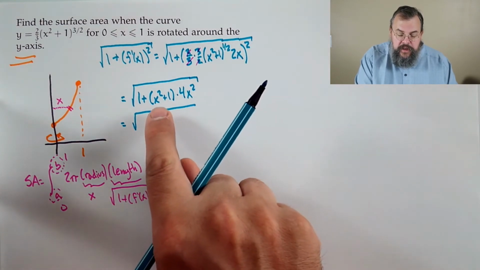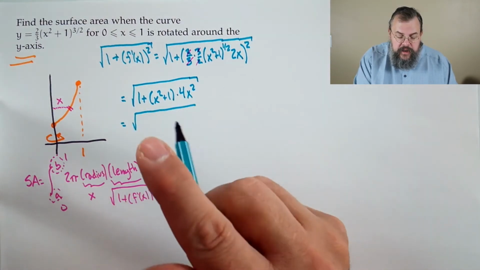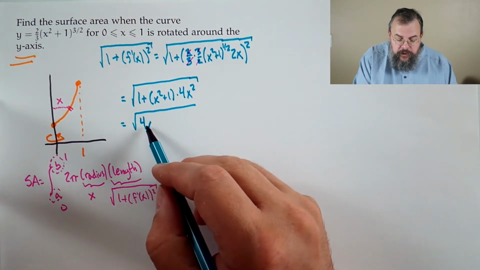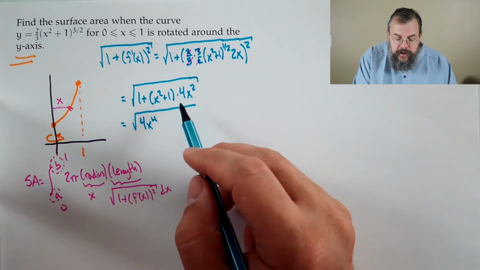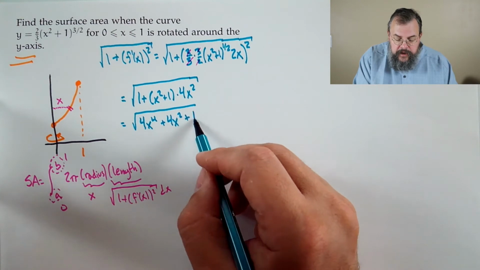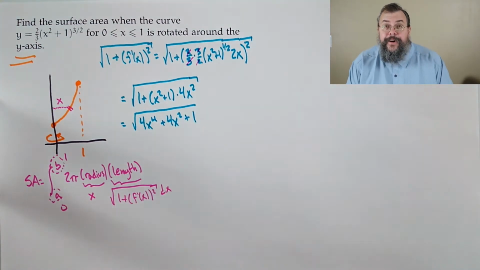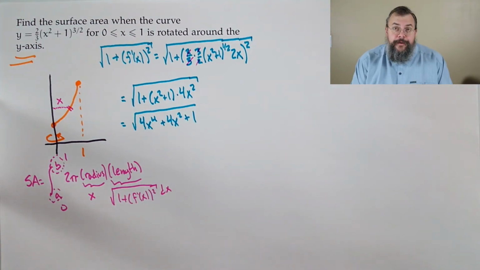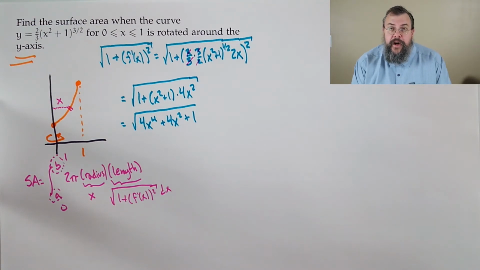So the highest power would be that when the x squared and x squared get multiplied. So that would be 4x to the 4th. Then here, 1 times 4x squared, 4x squared, and then a 1 on the end. Now, what do we hope for? Well, it would be great if this were a perfect square. And oftentimes when we see sort of 3 terms, we're like, maybe this is a perfect square. Maybe.